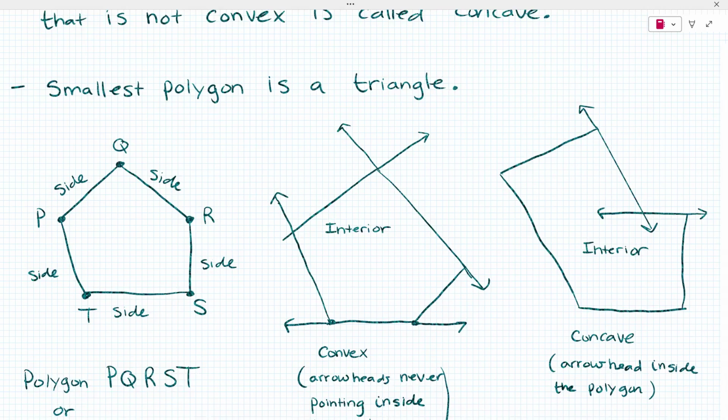It's closed and the arrows are not pointing on the inside. Now, if you look at this image, this is technically a polygon, it's just concave. The reason why it's concave is because the arrow is inside the polygon. So this arrow right here is inside the polygon, and this arrow right here is inside the polygon. So that's how you know it's concave. If it's concave, the arrow is pointing inside the polygon, and if it's convex, the arrow is pointing outside. It's never inside, right?